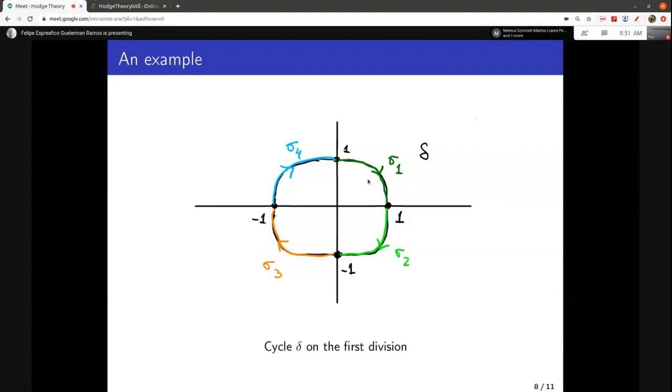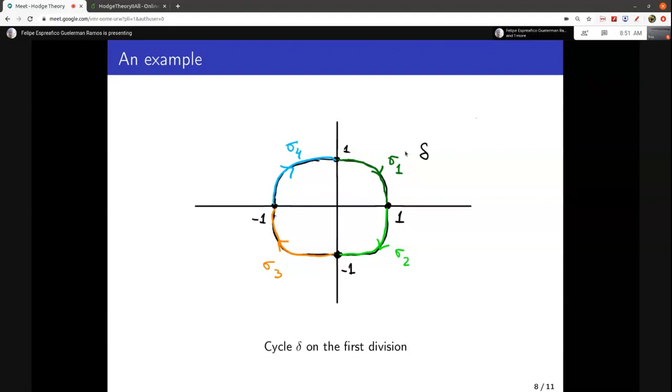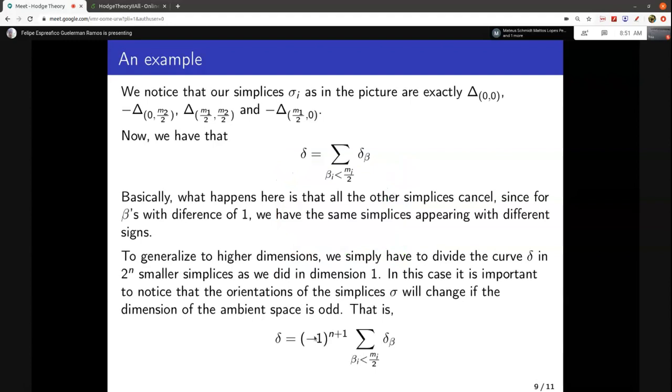The important thing in higher dimensions is that a sign will appear here, because if the dimension of the space of our Rn changes, here the dimension is 2, the next one will be 3, the orientation induced here will change, and then we'll have to get a sign here to correct this problem. Okay, so that is the general formula for delta.